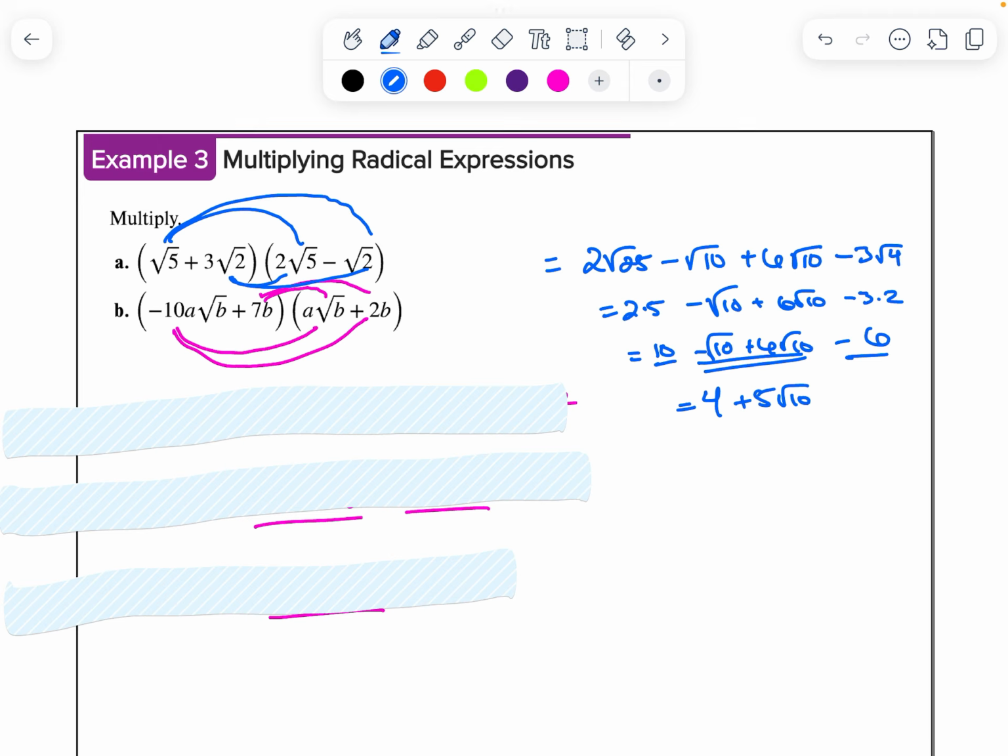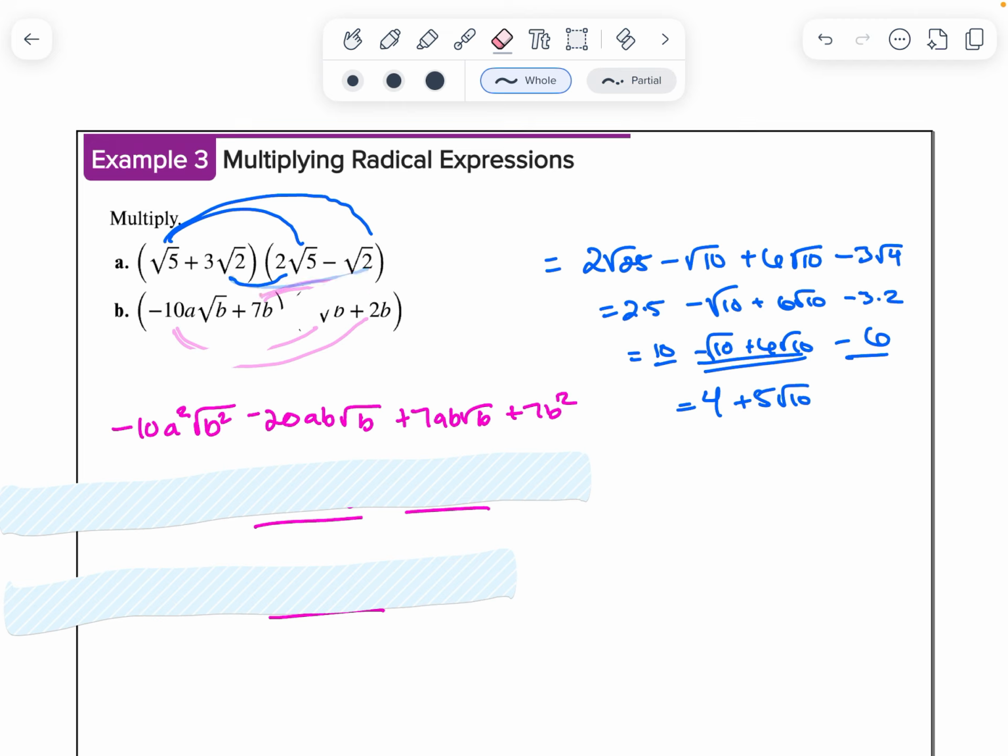Take a second on the next one and try and distribute. So here's what happens when you FOIL. Here, I'll draw these arrows at the time when I'm foiling here so that you can see where they came from. This times that gives you this item.